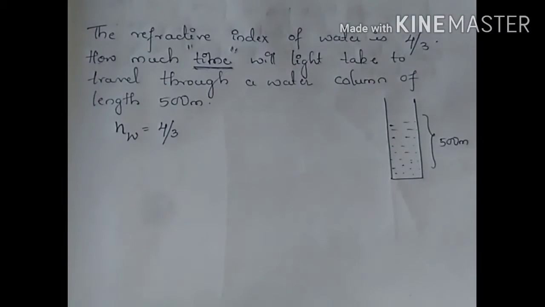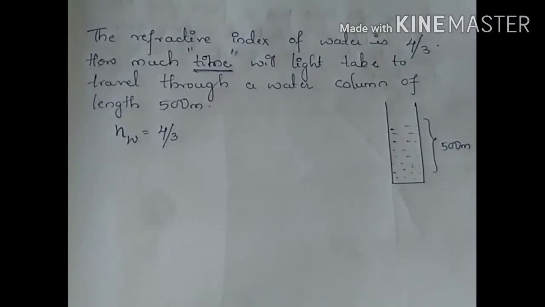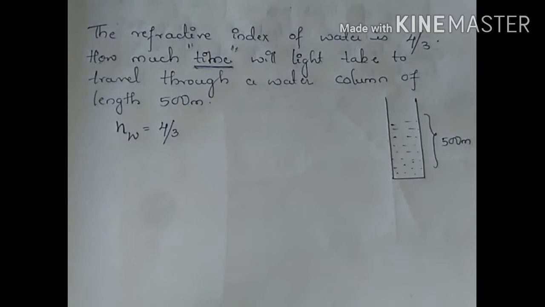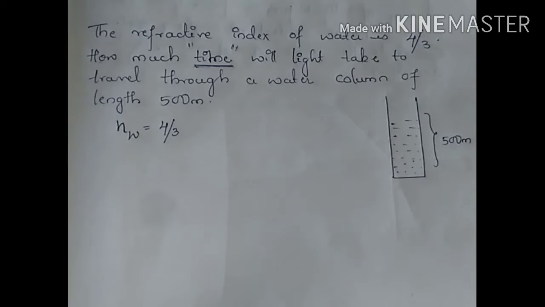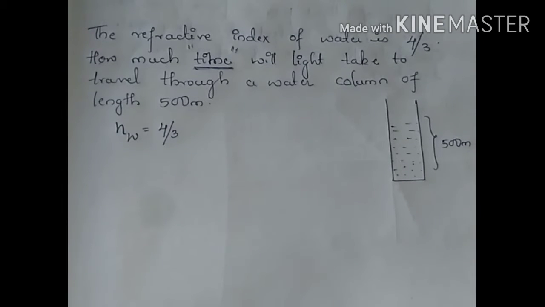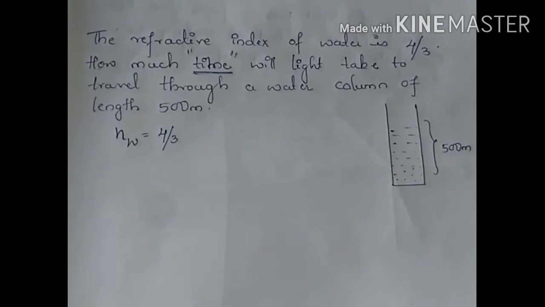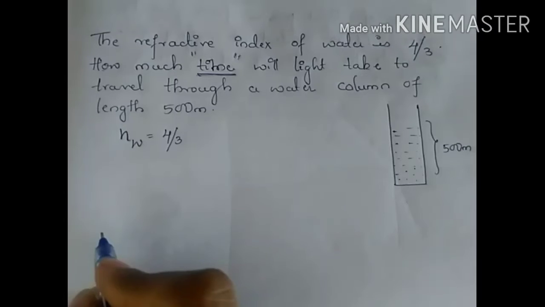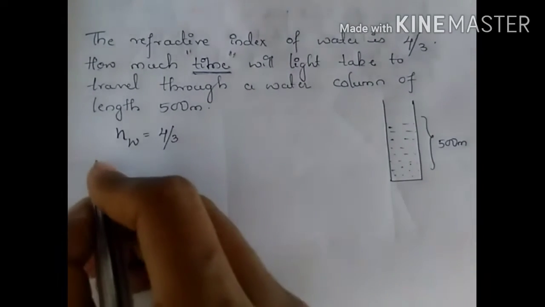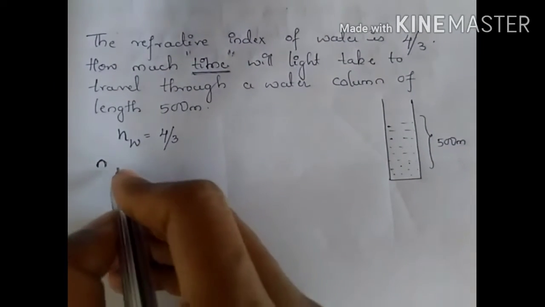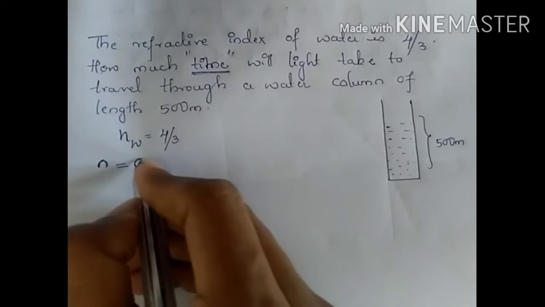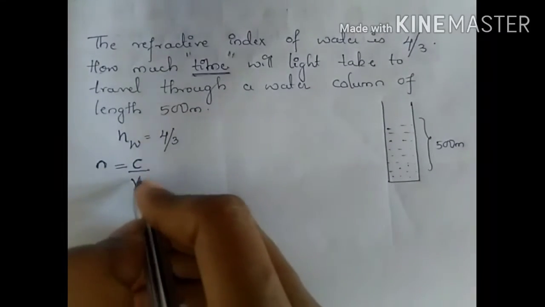So when light is passed into this water, which has the refractive index of 4/3, what is the time it takes to travel through the water column of 500 meters? Now we know that refractive index can be given by c by v.